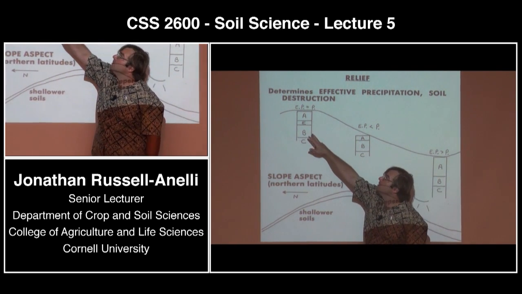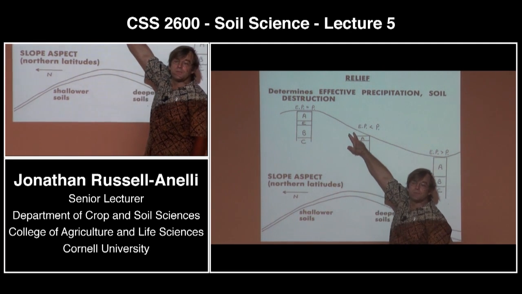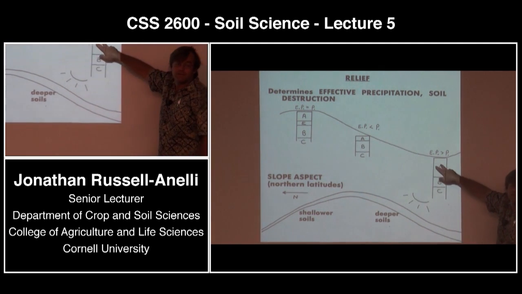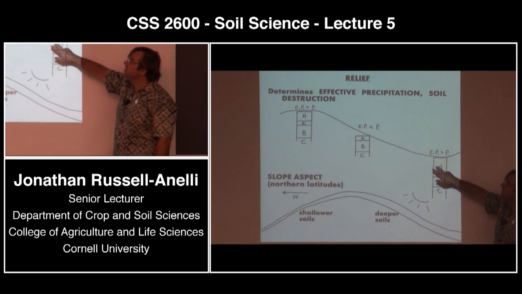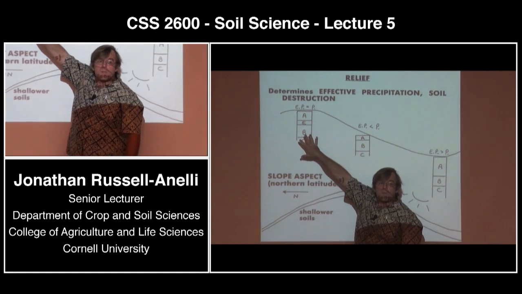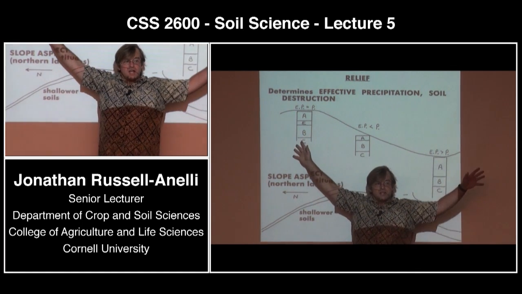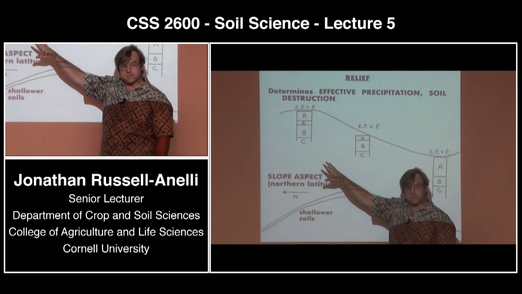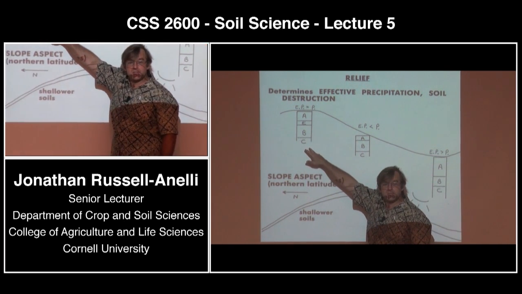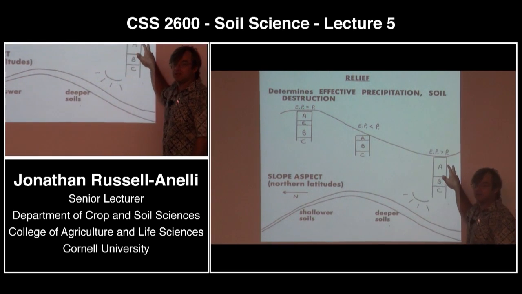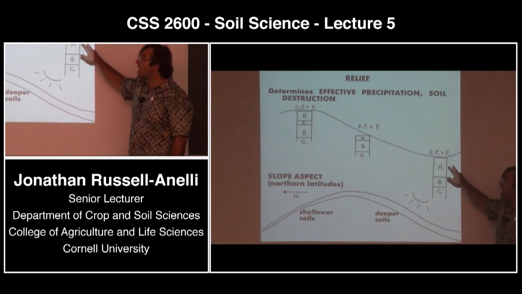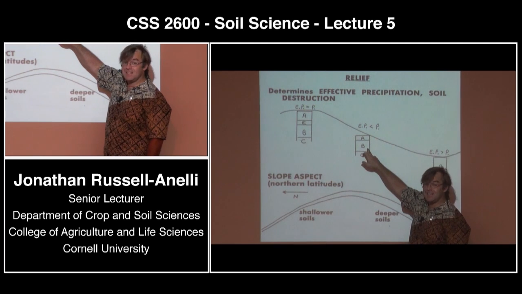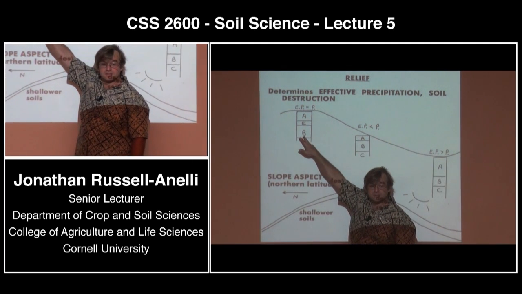But I'm also going to be getting the delivery of water that's flowing downhill. Which means, while my actual precipitation across this entire landscape is the same, my effective precipitation is a lot less up here than it is down here.